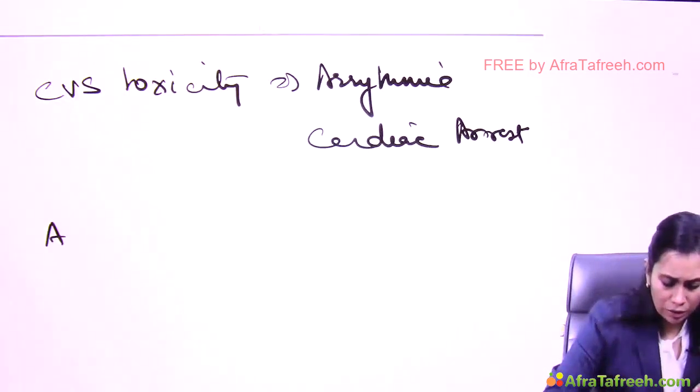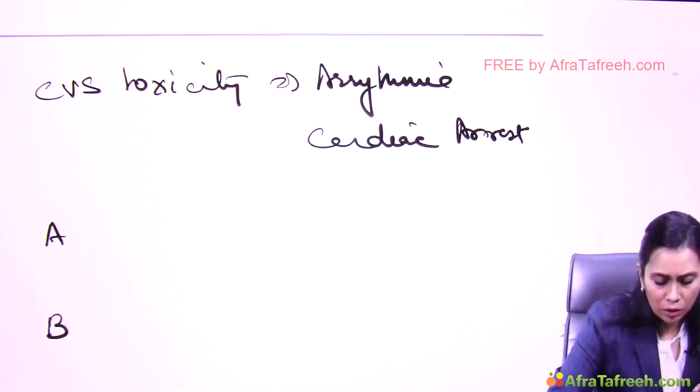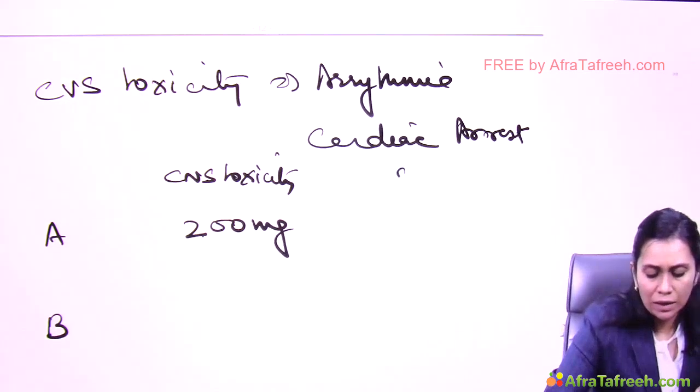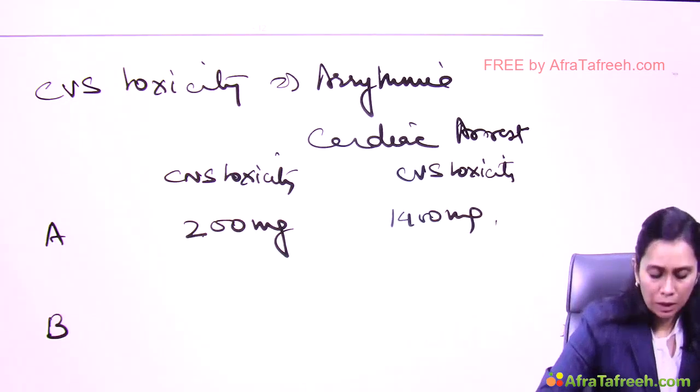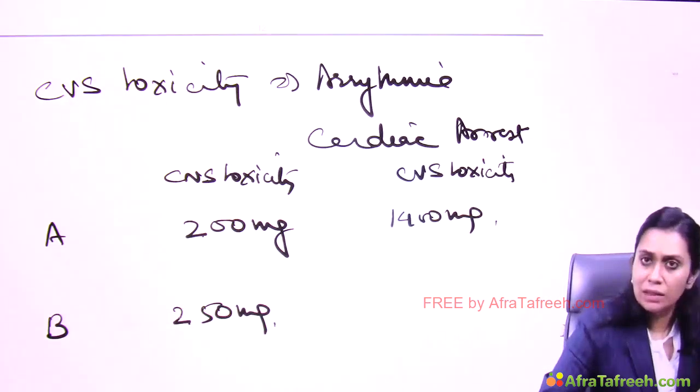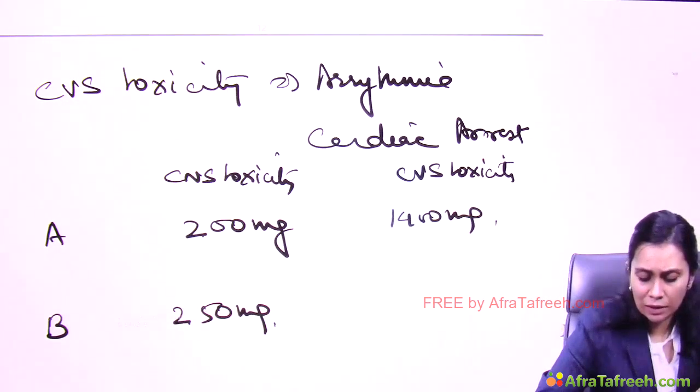Drug A causes CNS toxicity at, let's say, 200 milligram and CVS toxicity at 1400 milligram. Drug B causes CNS toxicity at 250 milligram and CVS toxicity at 500 milligram.